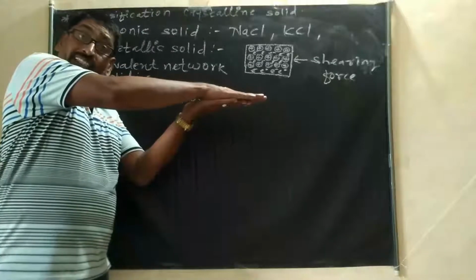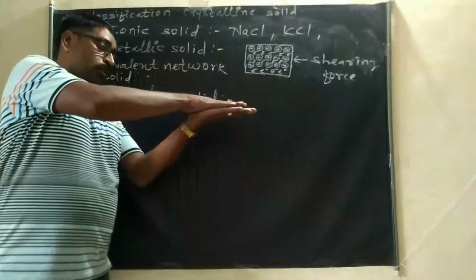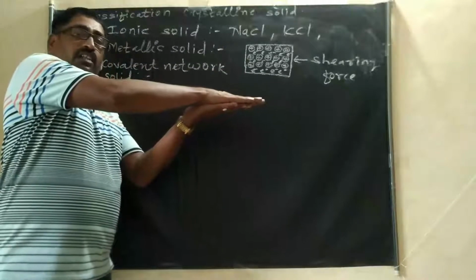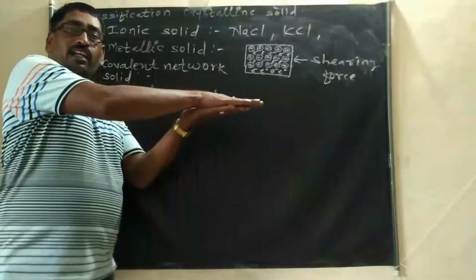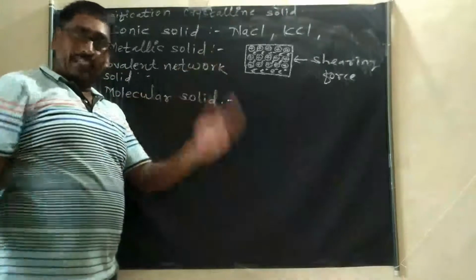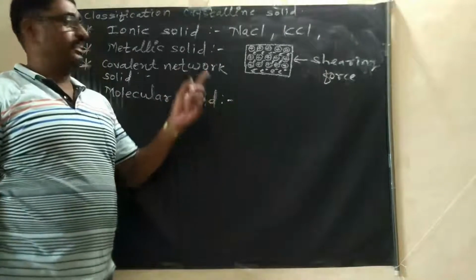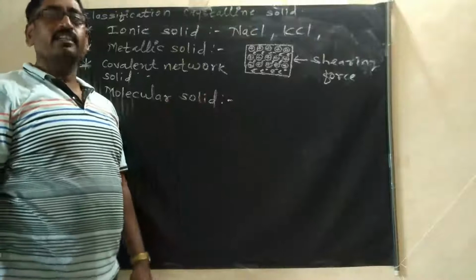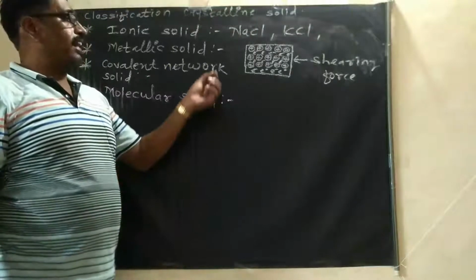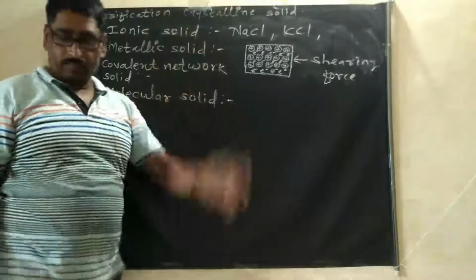There is no fracture and no gap between the two. They only slide, and hence metals are malleable and ductile. We can make a sheet of metal and a thin wire of metal. Again, they are good conductors of heat and electricity. Such a type is called a metallic solid.